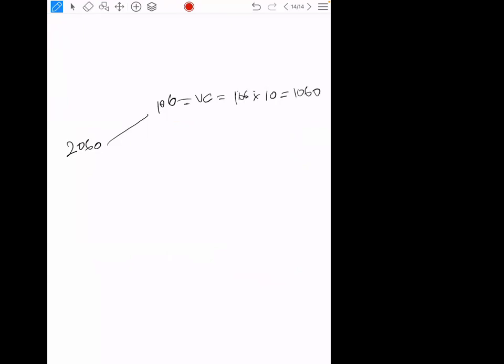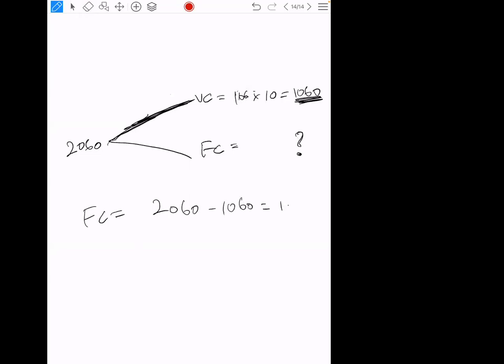And we all know that the cost comprises variable cost and fixed cost. Now that we know the variable element, what is the fixed element? Question mark, or you put X. You simply say fixed cost is equal to total cost minus variable cost.